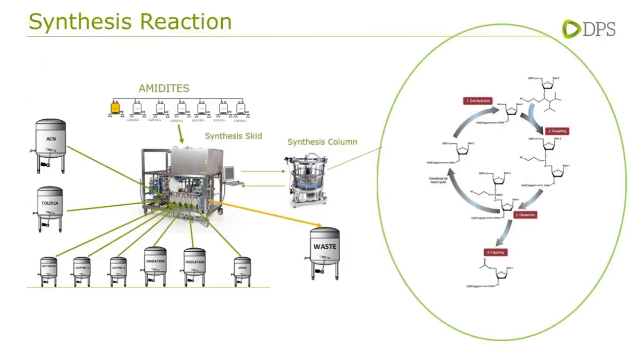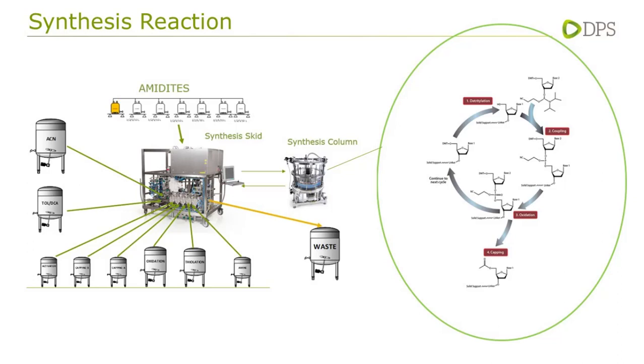The most unique feature of the production process is the synthesis skid, which is used to produce the oligonucleotides. This is effectively the heart of the process and entails a solid phase reaction process occurring within a packed column, where a number of reactions occur in sequence to enable a synthetic nucleotide to be added to the end of a chain of nucleotides attached to the solid phase.